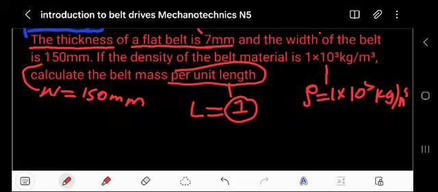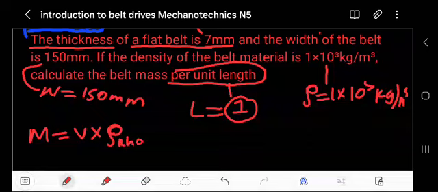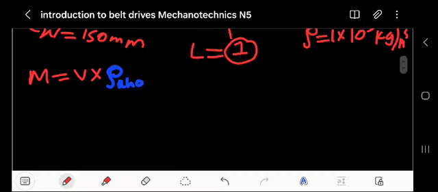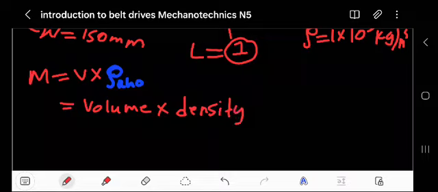We said mass is equal to volume multiplied by what? Density. Or you can say rho if you want, or you can use only p as long as you know that it will be density. Then what is volume?